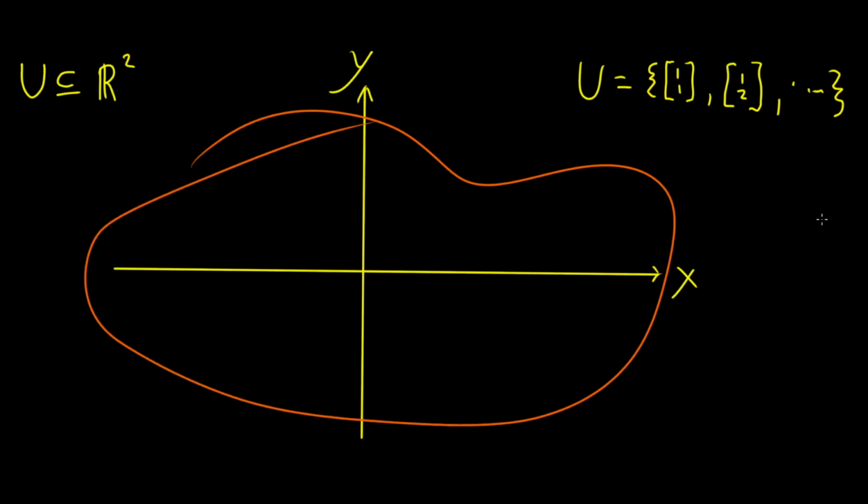This whole space could be our U. So whatever is orange is our set U. And it could be, you know, whatever.